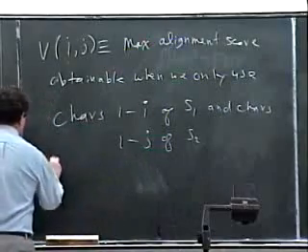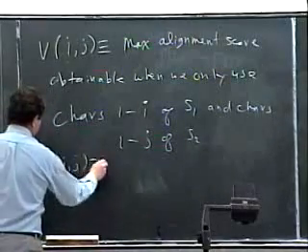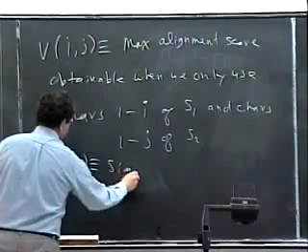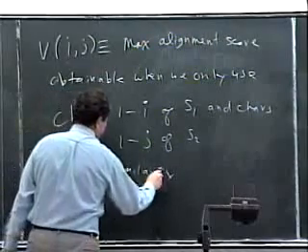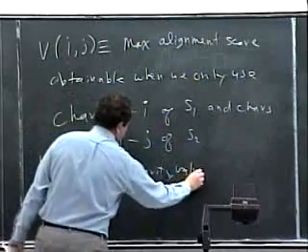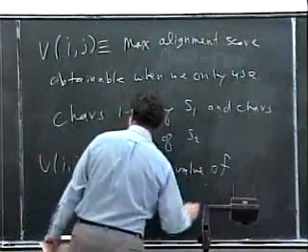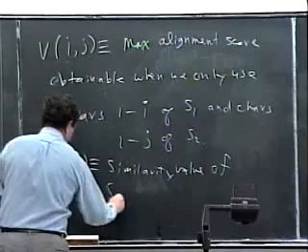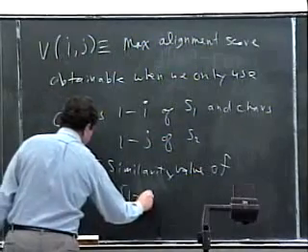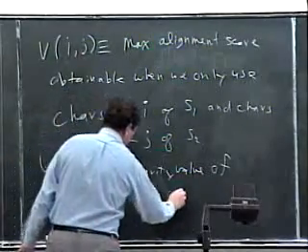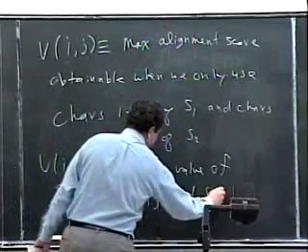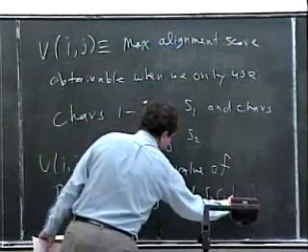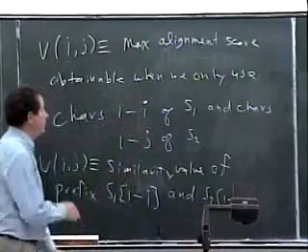So another way of saying it, V of I, J is the similarity value of the prefix S1, 1 through I, and S2, 1 through J. This is just notation.